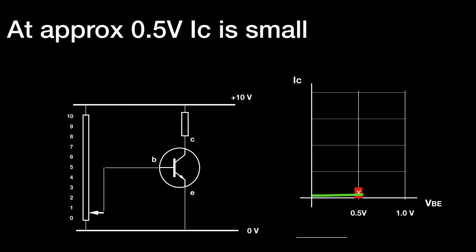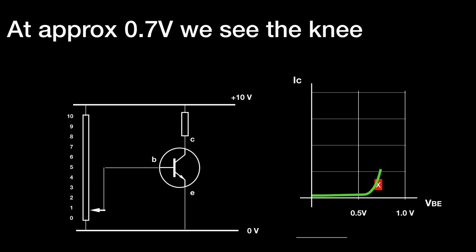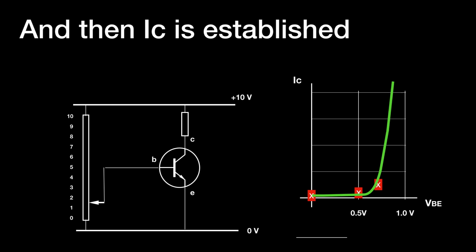If we have a base emitter voltage of about 0.5 volt, we're starting to see a little bit of current flow. We see the knee when we increase the base emitter voltage to 0.7 of a volt, and then at 1 volt and onwards we see collector current flowing.